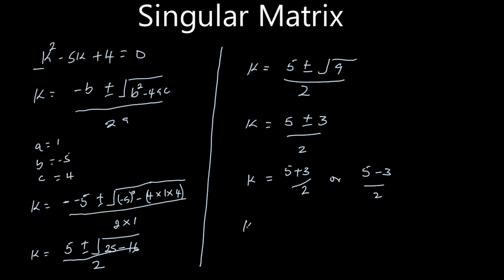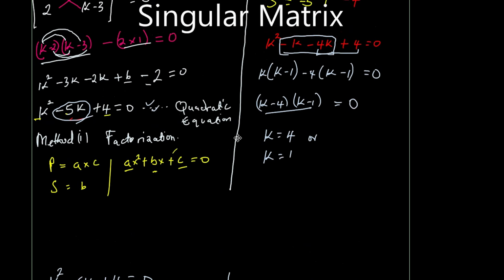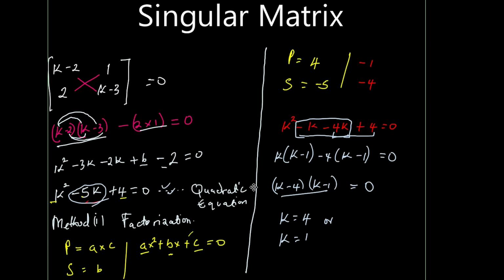Now 5 plus 3 is 8, so 8 divided by 2 is 4, so k can be equal to 4, or k can also be 5 minus 3, which is 2, divided by 2, which is 1. Therefore, k can be 4, or can also be 1, which is the same answer as the one we got using the first method, which is by factorization.